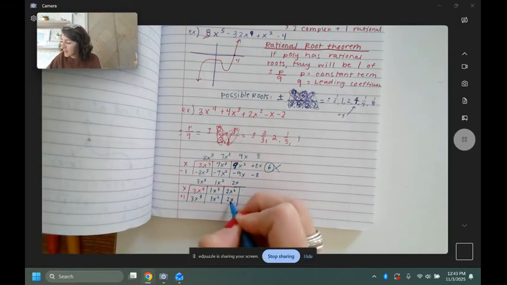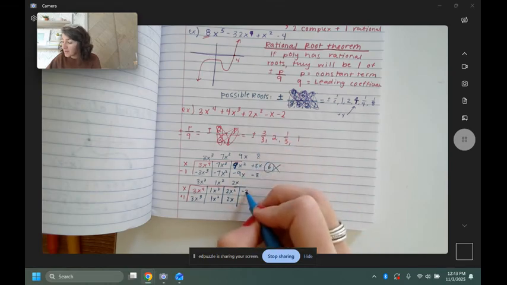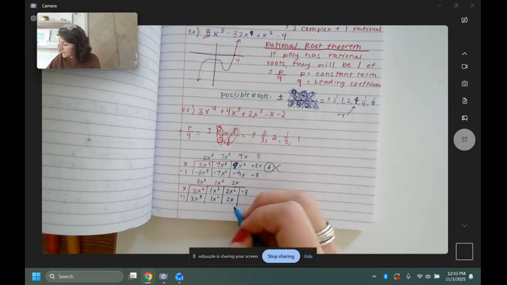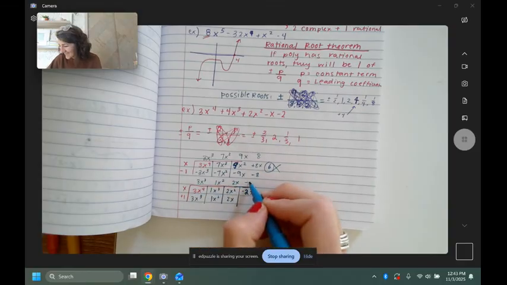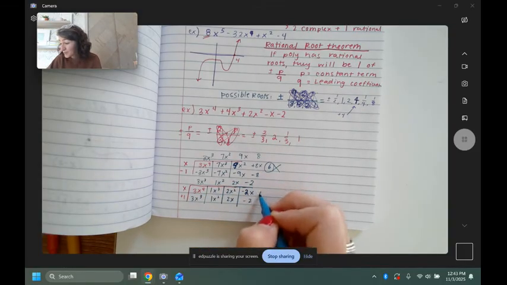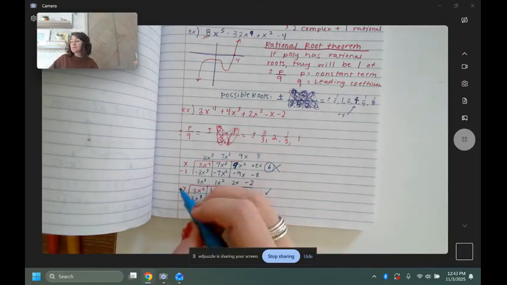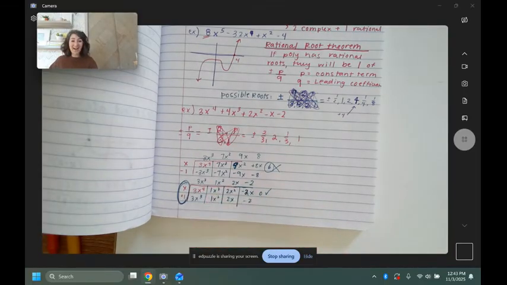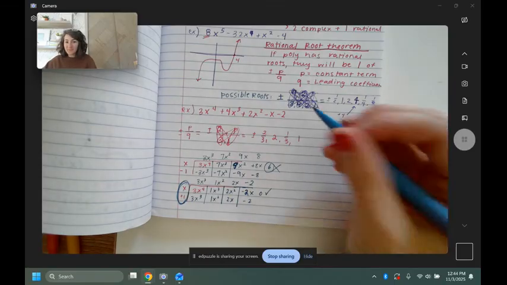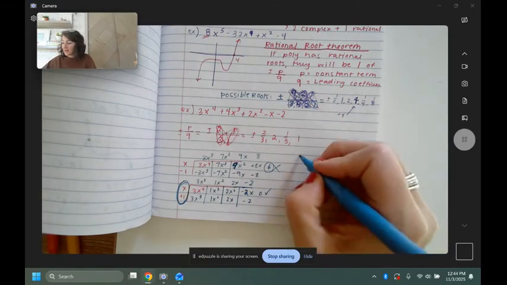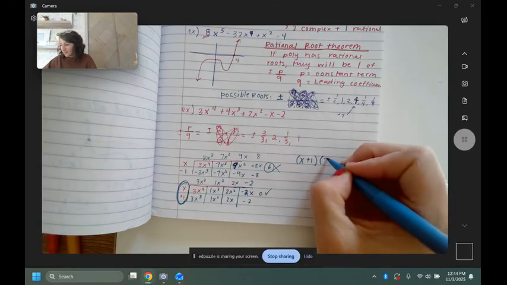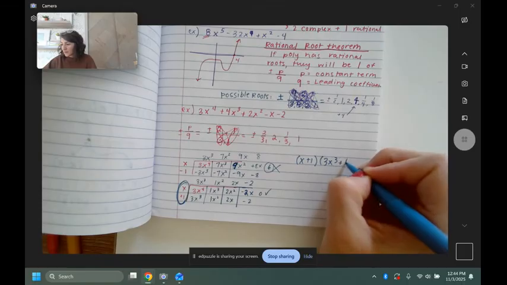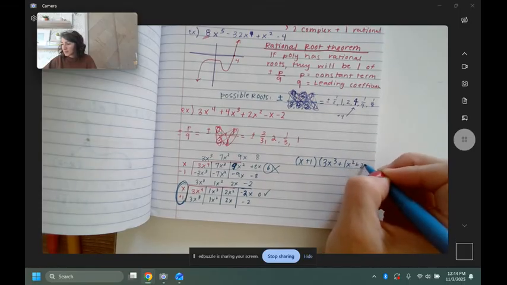And these two need to add to negative 1, so negative 2x. And negative 2. Woohoo! 0, 0. So this means one of my factors is x plus 1. So your new problem then is x plus 1 times 3x to the 3rd plus 1x squared plus 2x minus 2.